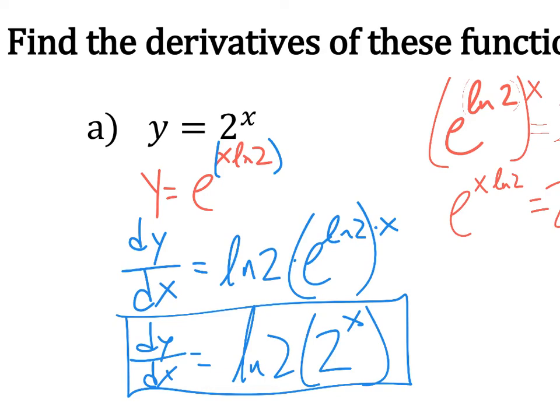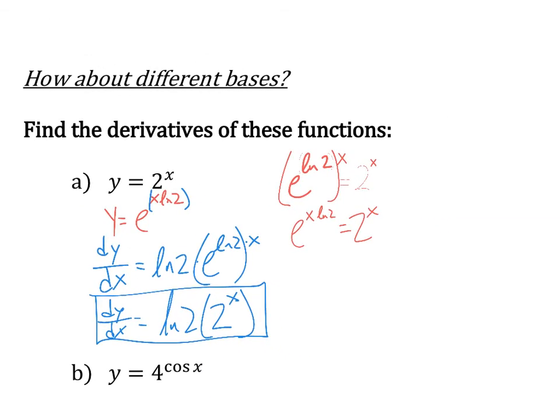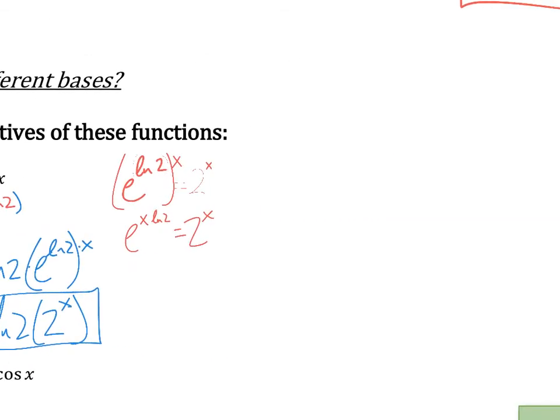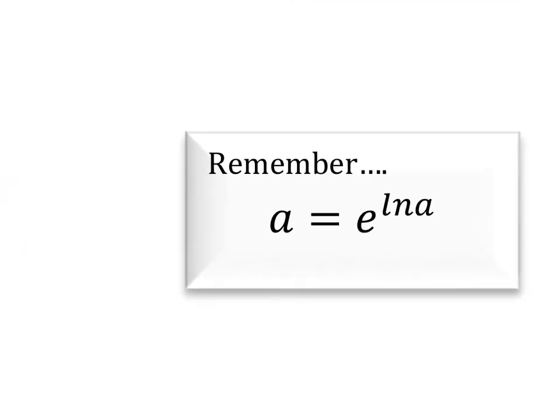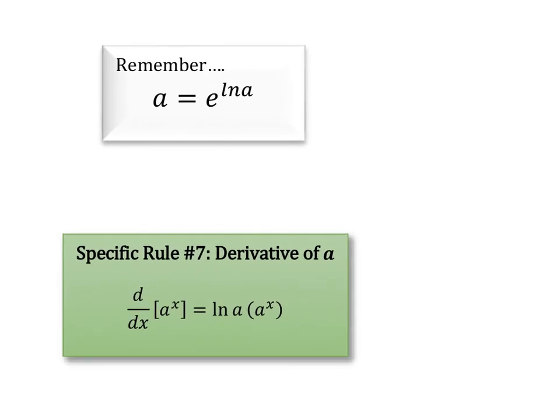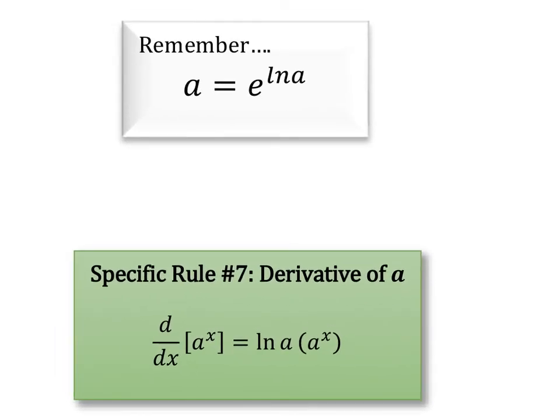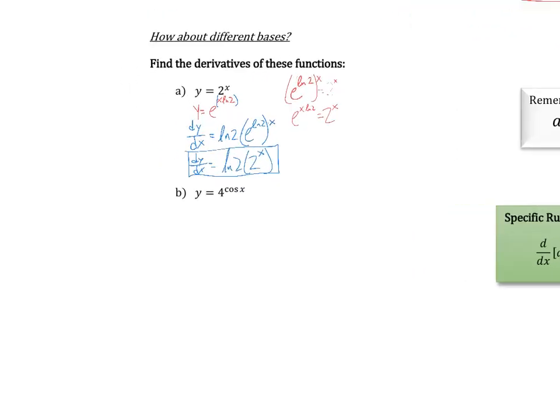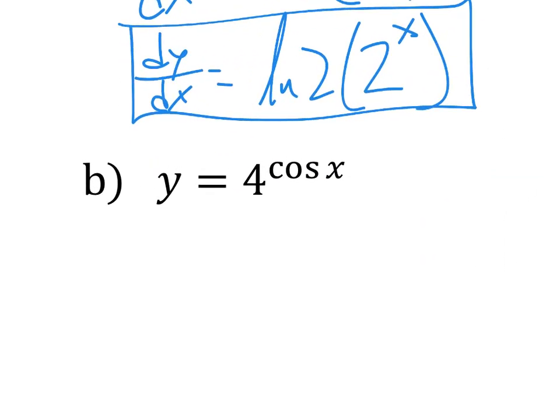So really, you can think of this natural log of 2 as a conversion factor. And so there's our rule. Since we remember that a is equal to e to the natural log of a, the derivative of a to the x is a to the x times the natural log of a. That's our conversion factor. That's the key. So you treat it the same way we would treat e, but then you need the conversion factor.